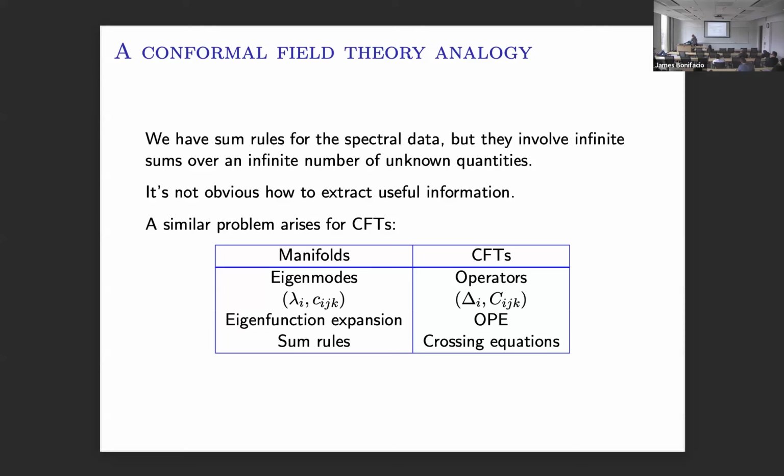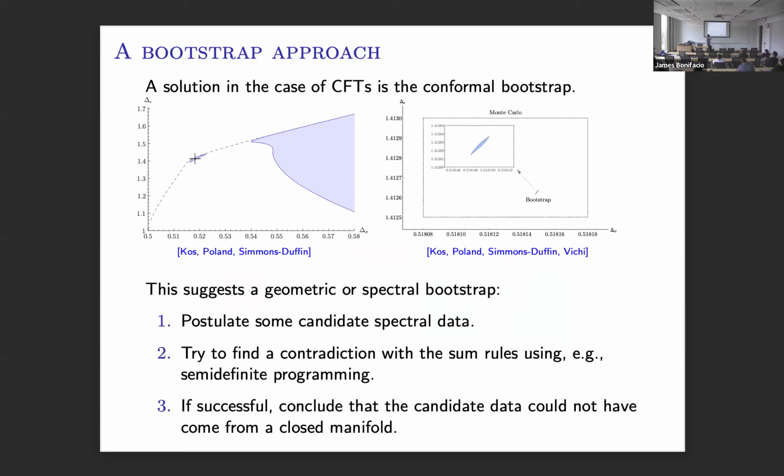There's a well-known solution to this problem in the case of conformal field theories, which goes by the name of conformal bootstrap. The most famous example of this is the precise determination of the scaling exponents in the three-dimensional Ising model. These groups, using these theoretical tools and lots of numerics, are able to show that the 3D Ising model has to live in this small island in this space of parameters, which correspond to the scaling dimensions of the lightest two scalar operators in the theory.